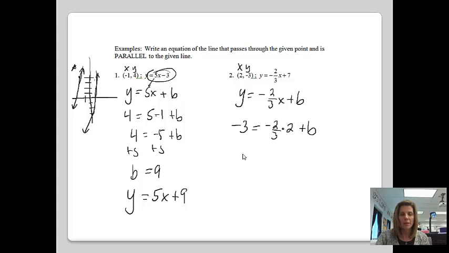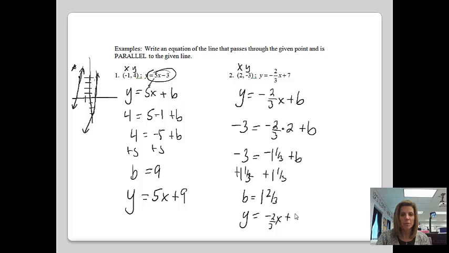We're not going to be afraid of these fractions, so I'll have negative 3 equals negative 1 1/3 plus b. To get b by itself, to get rid of minus 1 1/3, I'll add 1 1/3. I should end up getting b equals 1 2/3. So my final equation is y equals negative 2/3 x plus 1 2/3.